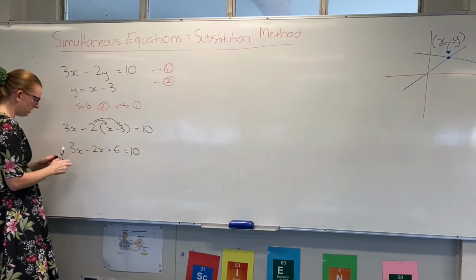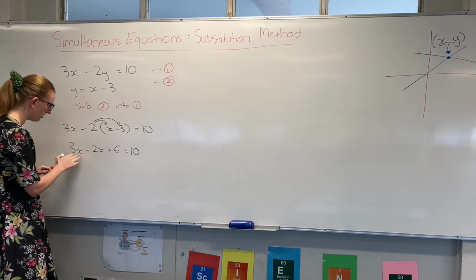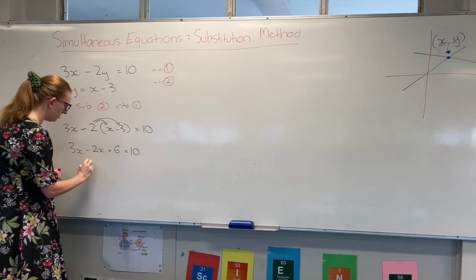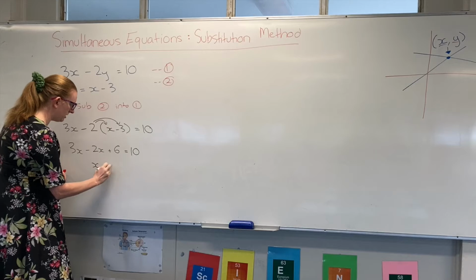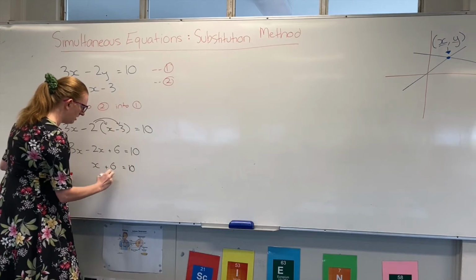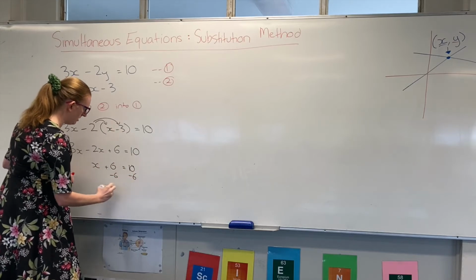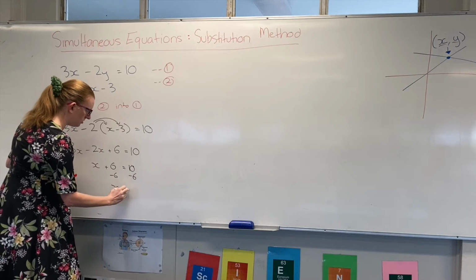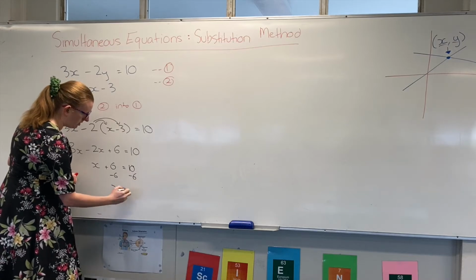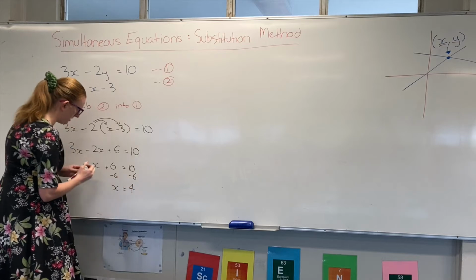Like terms that I can join up. So 3x minus 2x gives me 1x plus 6 equals 10, minus 6 from both sides. So x is equal to 10 take away 6 is 4.